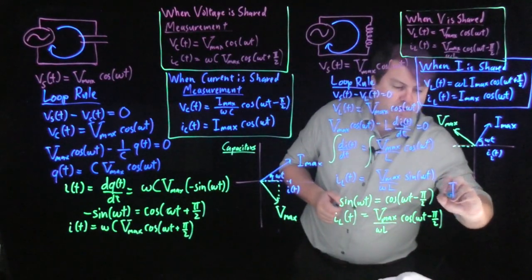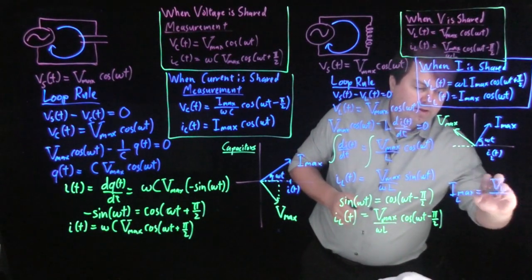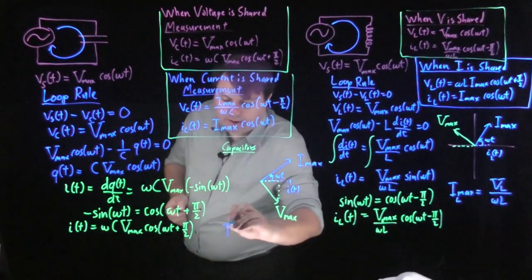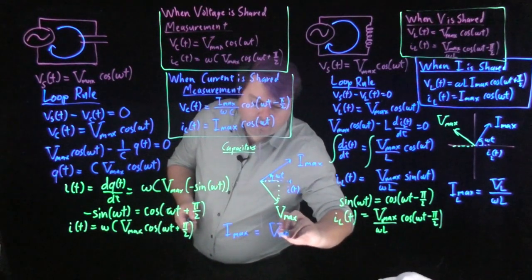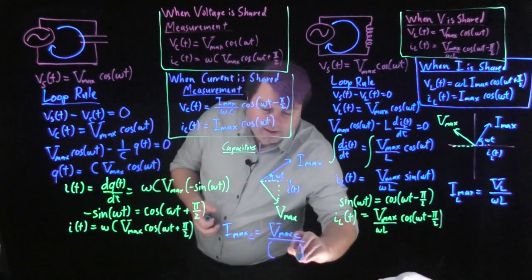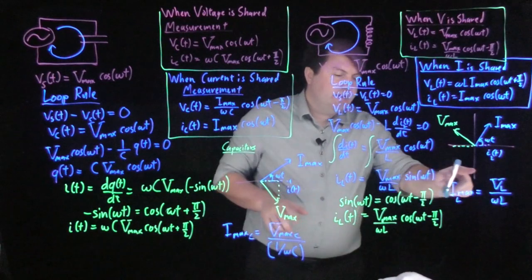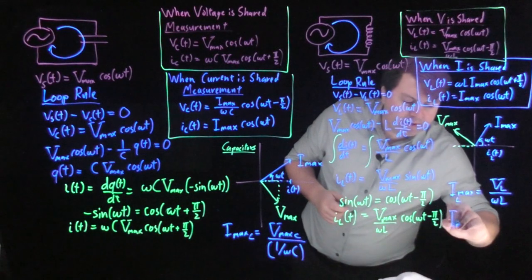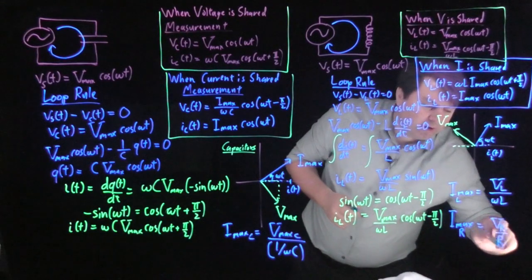So Imax for an inductor is equal to Vmax for an inductor over omega L. And I max for a capacitor was equal to V max for a capacitor times omega C, but we can write it instead as V max over 1 over omega C. And we'll see then that we get reactances like this because we had the I max for a resistor was equal to the maximum voltage for a resistor over R.